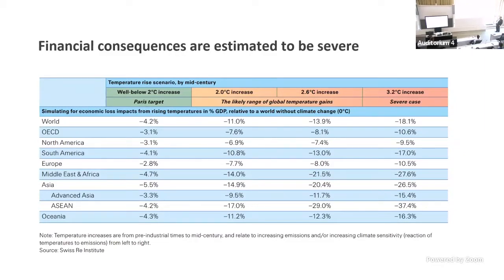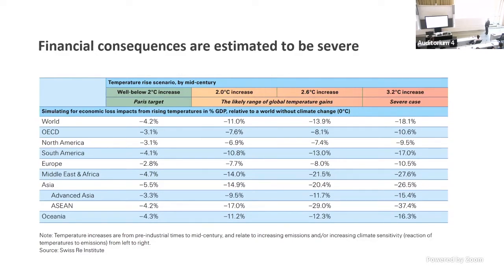You can see that depending on the area in the world, we have anything from 9.5% decrease to 37.4% decrease in GDP.